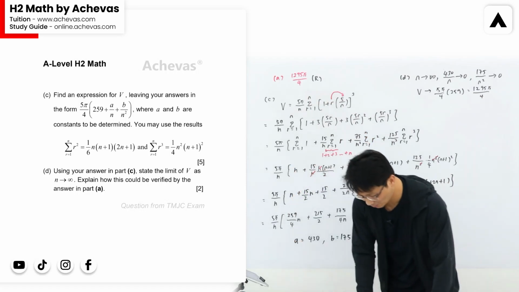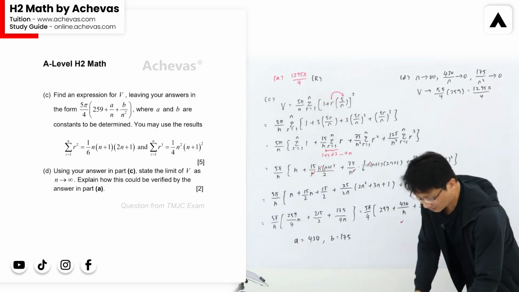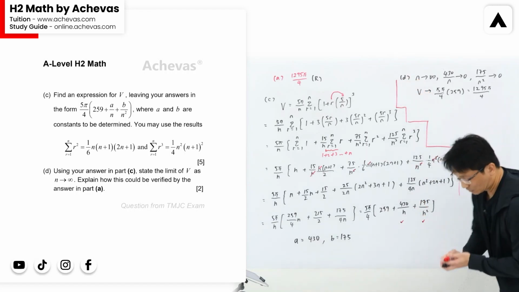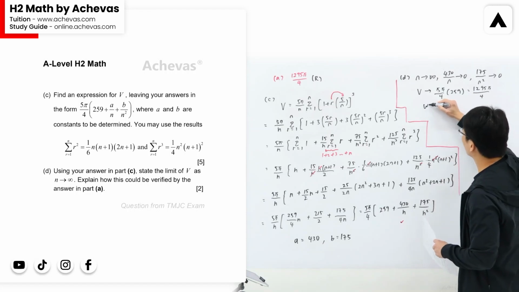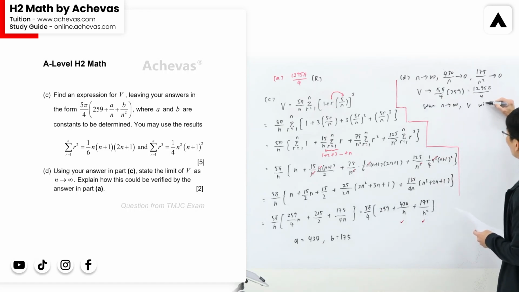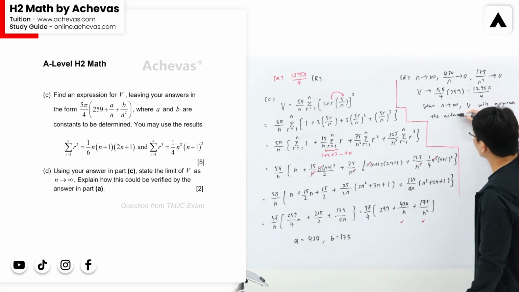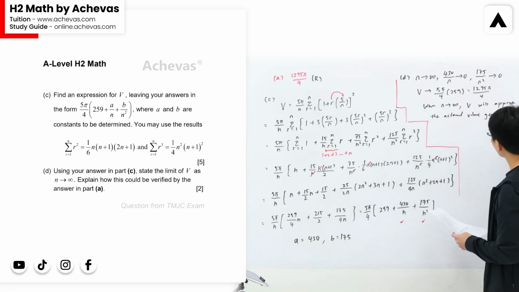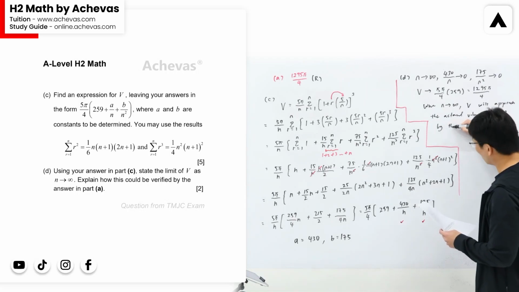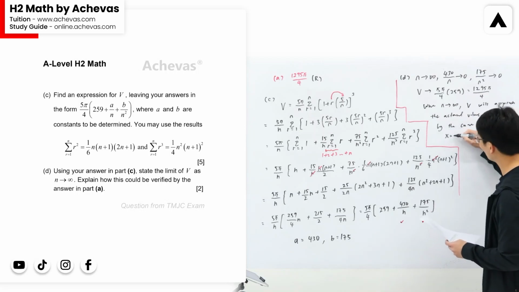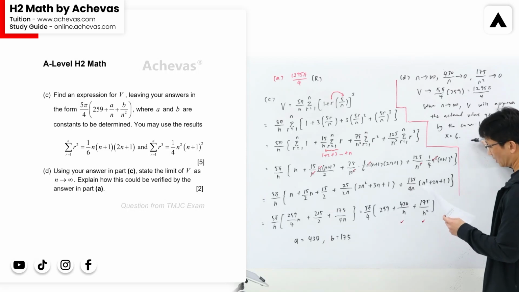All right, so maybe we can write down something like this. Let me just draw a boundary here. So when our n tends to infinity, we can say that V will approach the actual volume generated by the curve between x equal to 1 and x equal to 6.